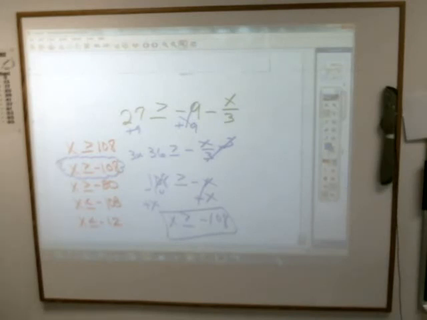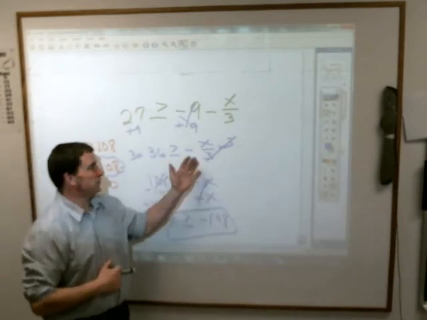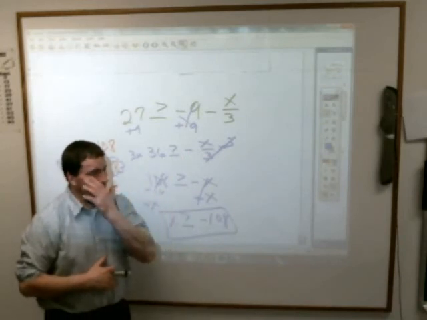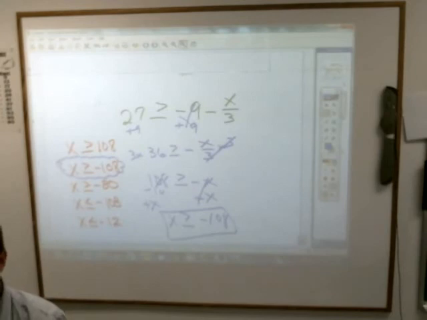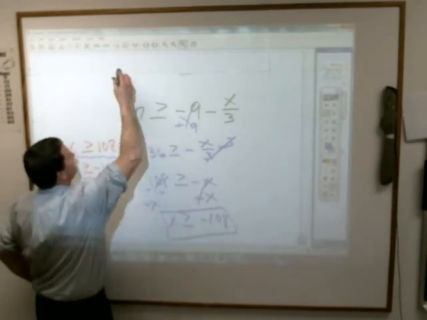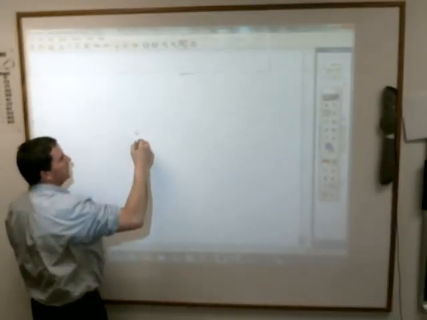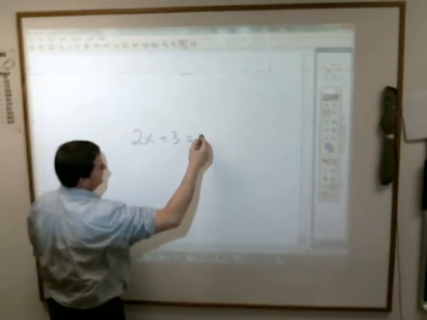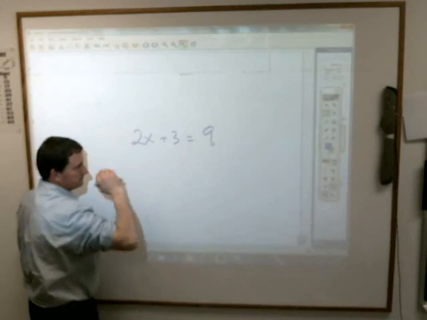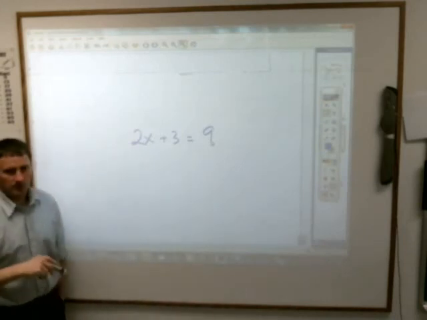No, we're not doing order of operations here. When we solve equations, you actually work order of operations backwards. If you remember back in 7th grade, they asked you to solve 2x plus 3 equals 9 without doing anything.